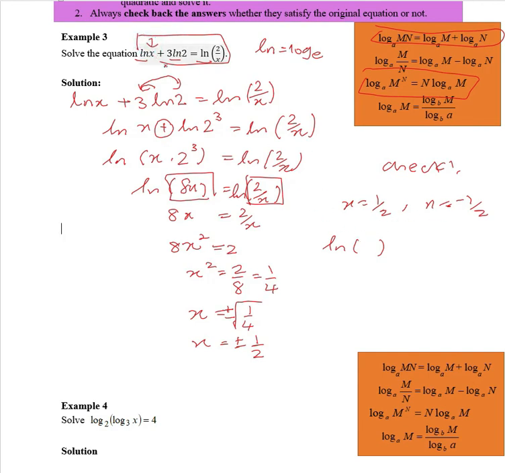Since this is just natural log of x and x is negative 1 over 2, so we are going to reject this value. You can't even try to find this value in your calculator. It will be a math error because this log cannot exist. The function inside the log must always be positive. Our final answer is positive 1 over 2.